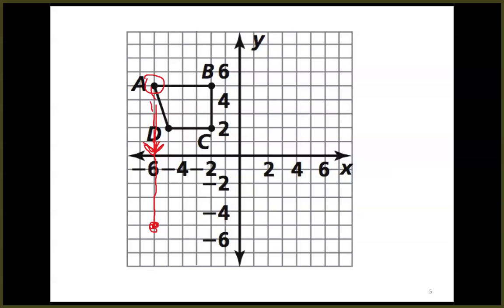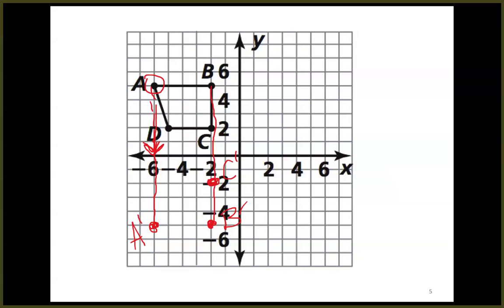Remember what I'm going to call that dot? I'm going to call it A prime. Okay, I'm going to do the same thing with B and C and D. So B is going to go all the way across the x-axis, and I'm going to put a new B here. I'm going to call it B prime, and then C prime should be right about there.